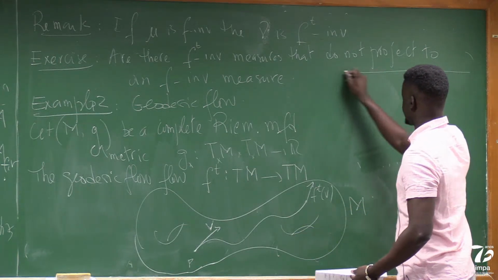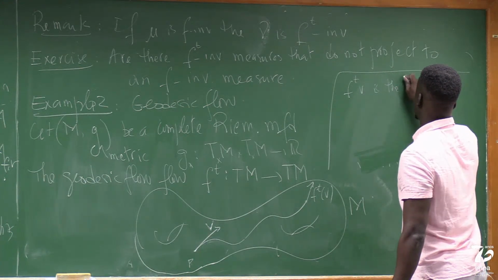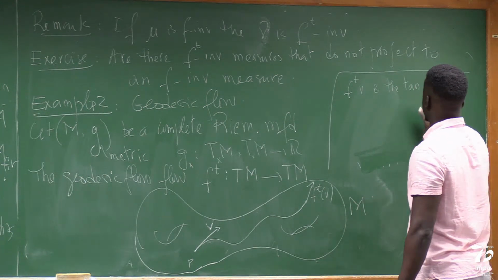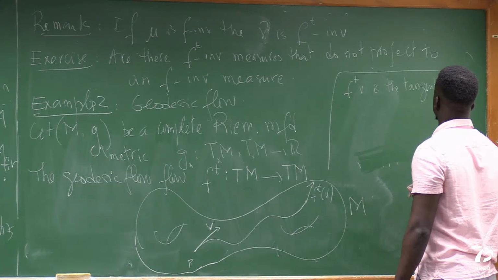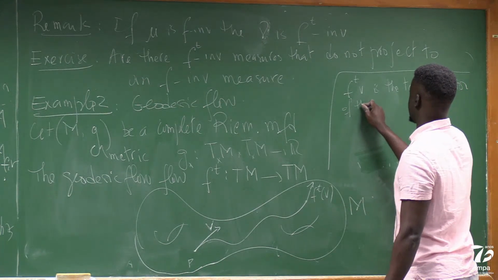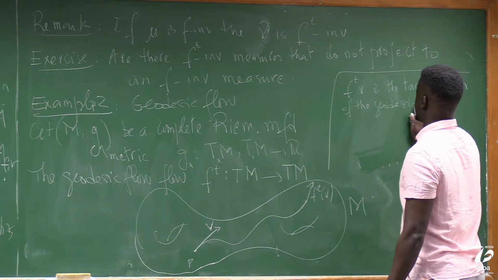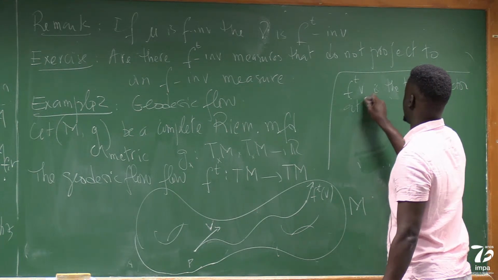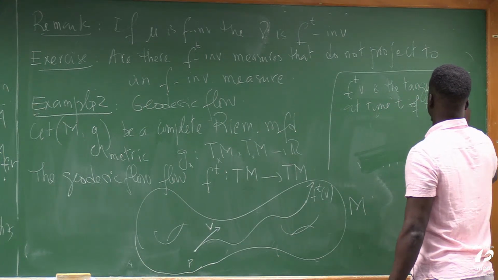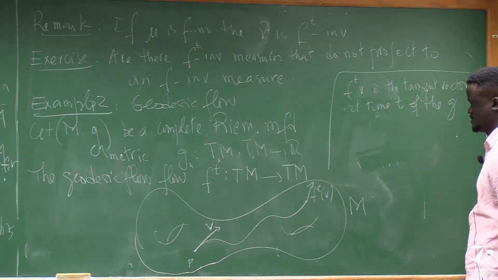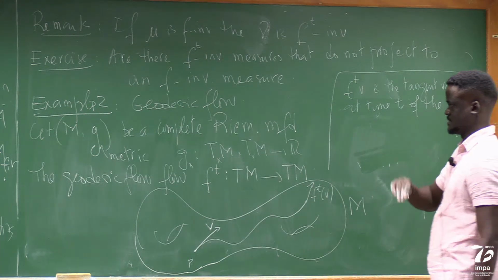F_tV is the tangent vector at time t of the geodesic. Oh, by the way, sorry, I need to restrict myself to the unit tangent bundle, like unit speed geodesics.